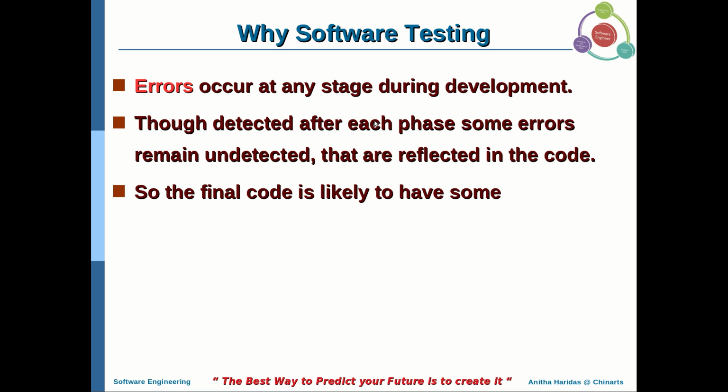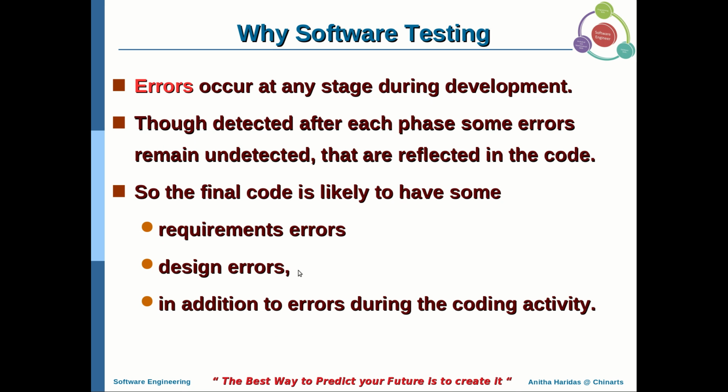Some of the errors remain undetected even after each phase of the software development, and these errors will be reflecting in the software code. So the final code is likely to have some requirements errors may be there, design errors may be there, in addition to errors during the coding activity.